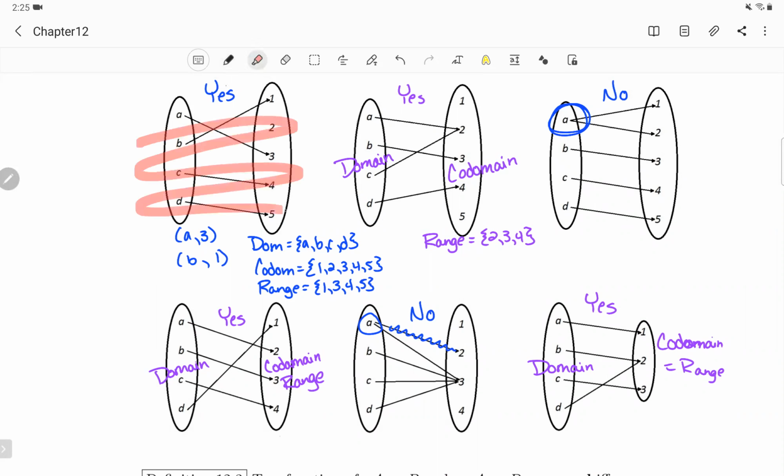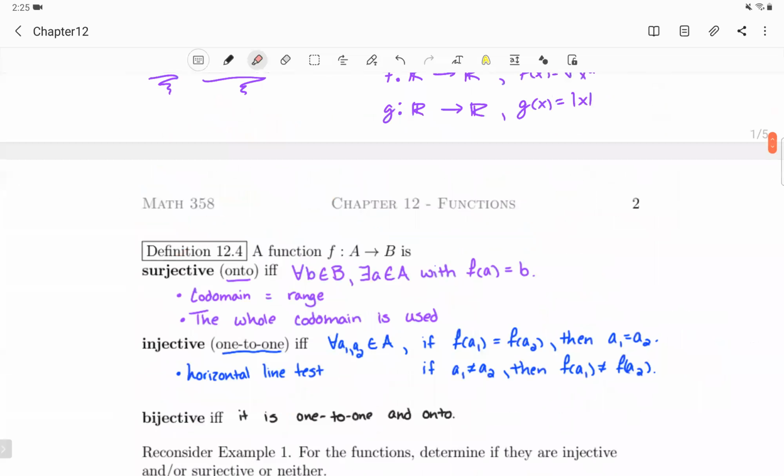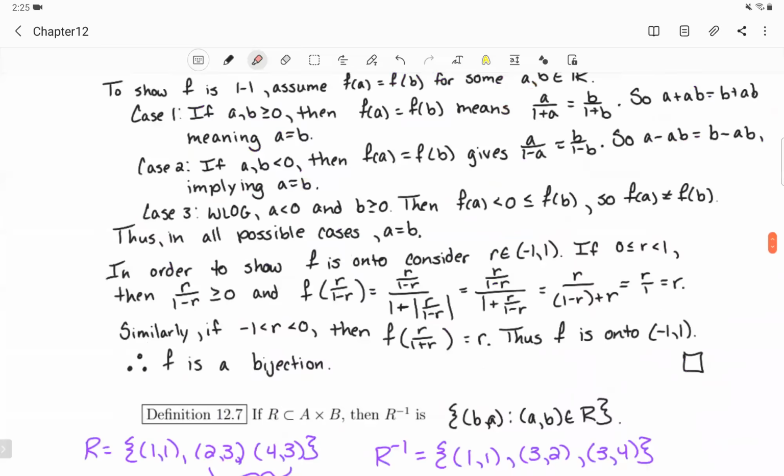This guy was not onto, because it missed the 2. But this guy was 1-to-1 and onto. Notice they both had 4 things in them. And that makes sense. If you're going to be 1-to-1 and onto, if you have 4 things, you need 4 things to go to, right? If you have 10 things, you need 10 things to go to. So with finite numbers, this definition makes perfect sense.